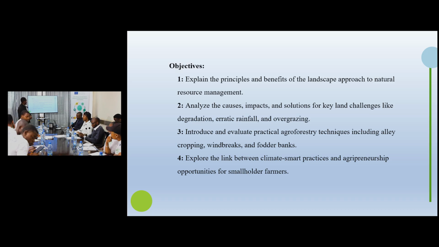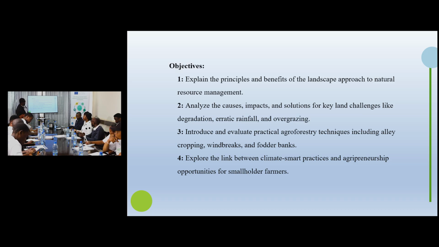Analyze the causes, impacts, and solutions for land challenges like degradation. If we have too many animals in a small piece of land, then it will lead to land degradation. So we need to know how to manage the soil resources, the animals, and the plants, so that we don't do overgrazing at some point and therefore degrade our land.